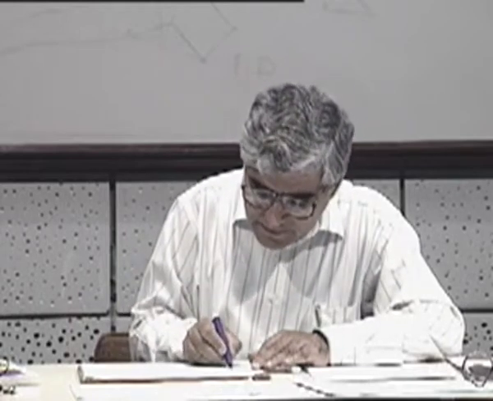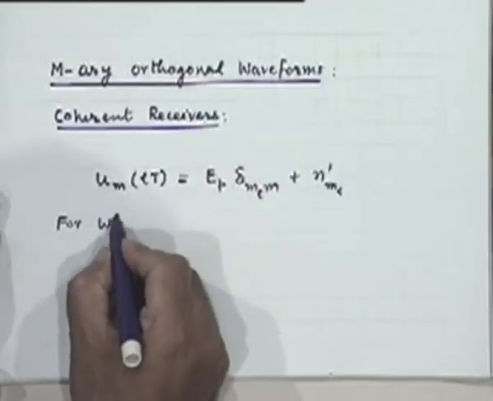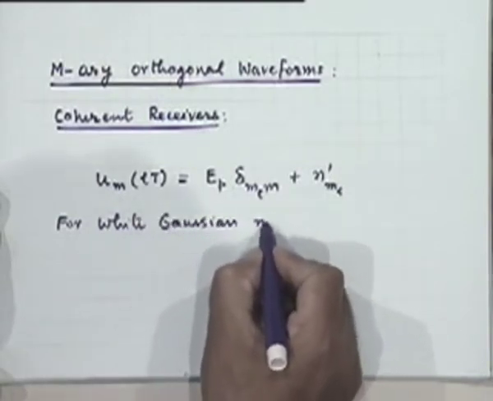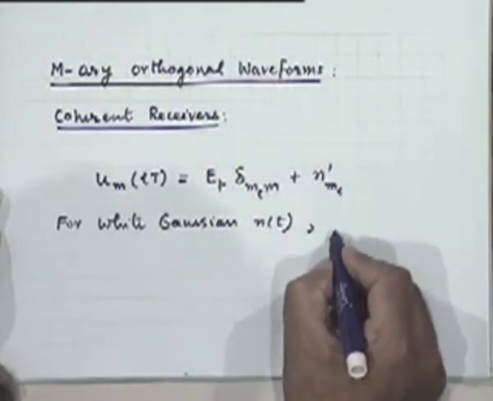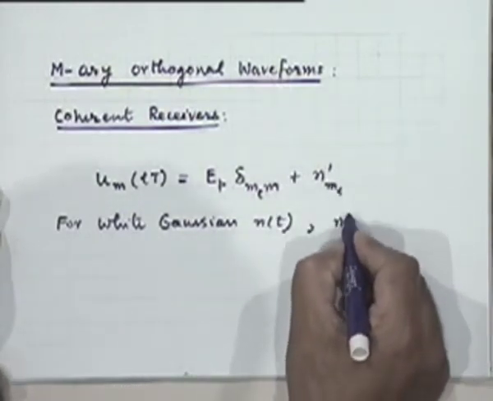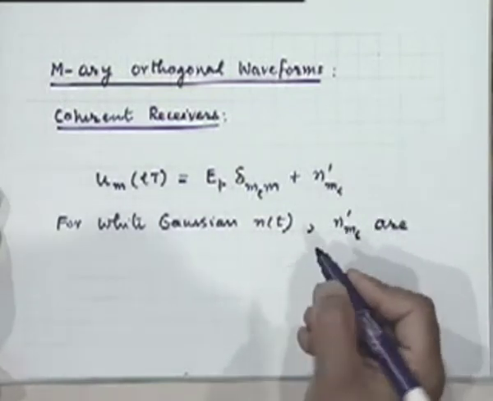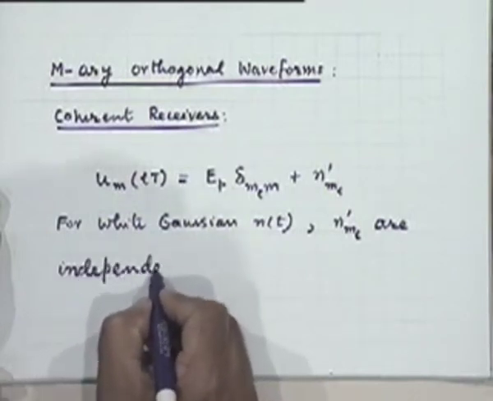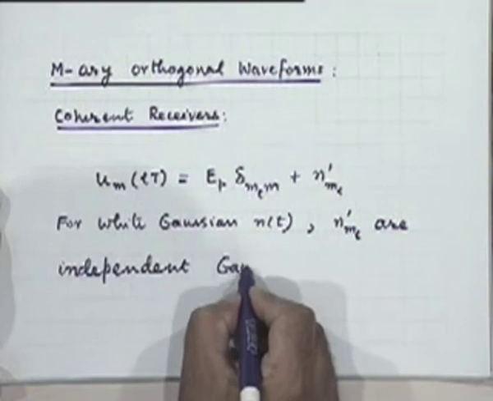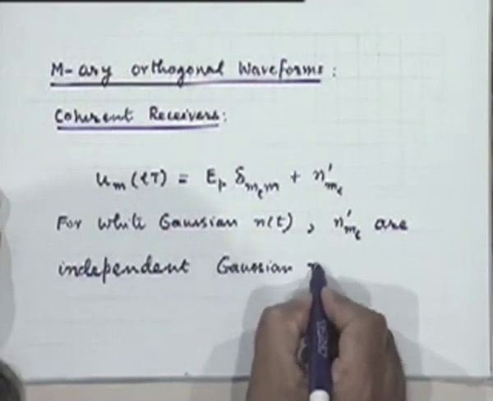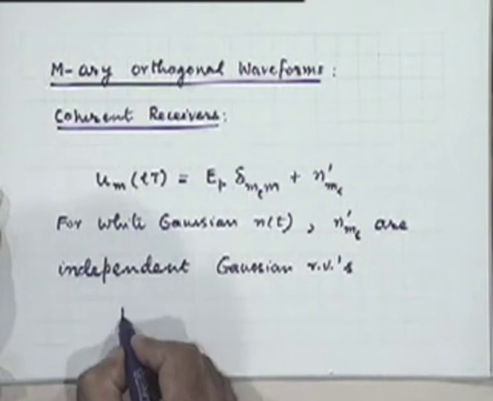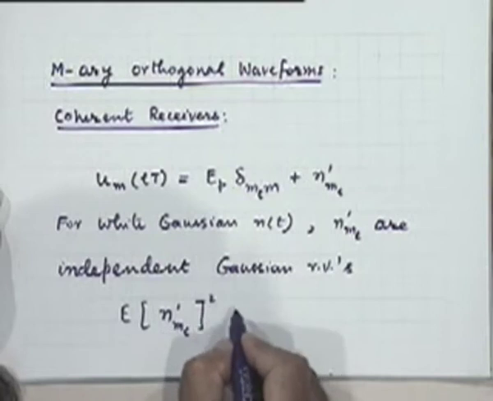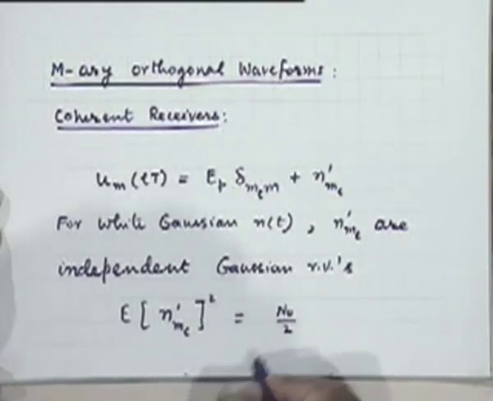So we have already seen that for white Gaussian input noise n(t), these random variables n sub m l prime are, and since they are Gaussian, they are also independent Gaussian random variables with expected value of n sub m l prime square being equal to N0 by 2.